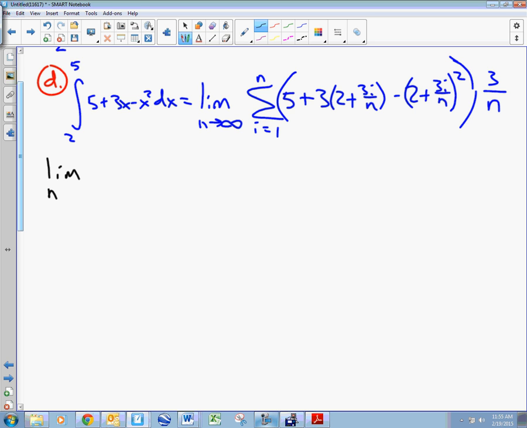Limit as n goes to infinity of the summation i equals 1 to n of 5 plus 6. Ooh, we're going to be able to combine like terms there. That's 9i over n. Uh-oh. Let's square that out and subtract.